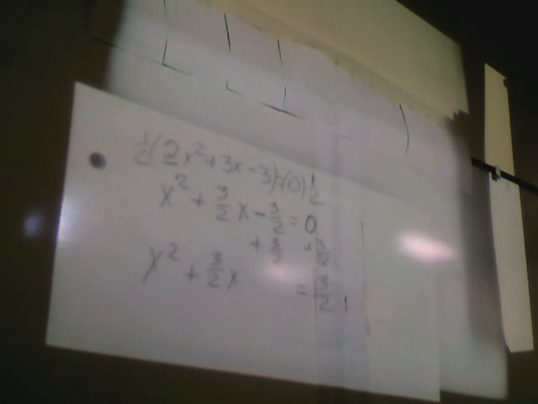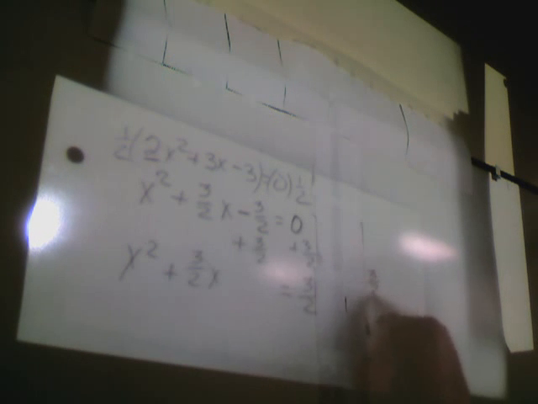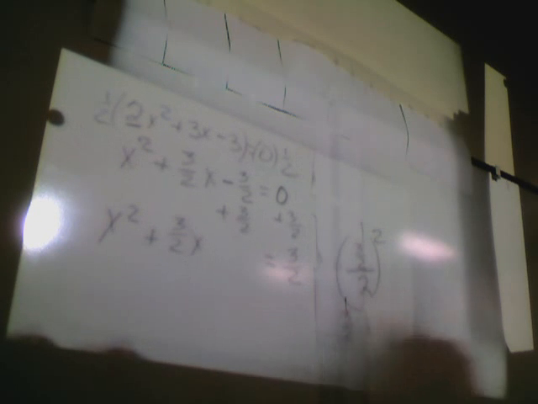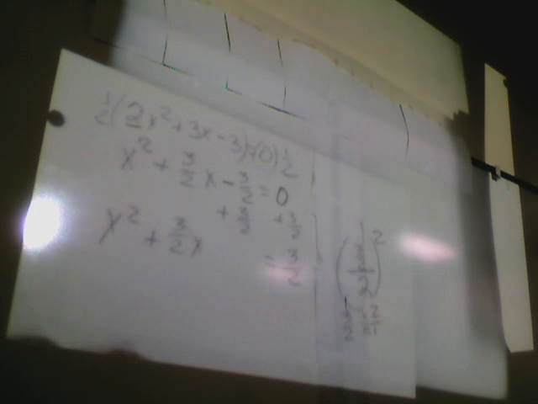Okay, what are we going to add to both sides? Where the b is 3/2, the b we have to divide by 2 and then square it. Okay, 3/2 divided by 2, divide by 2 over 1. 3/2 divided by 2 is the same as 3/2 times 1/2.